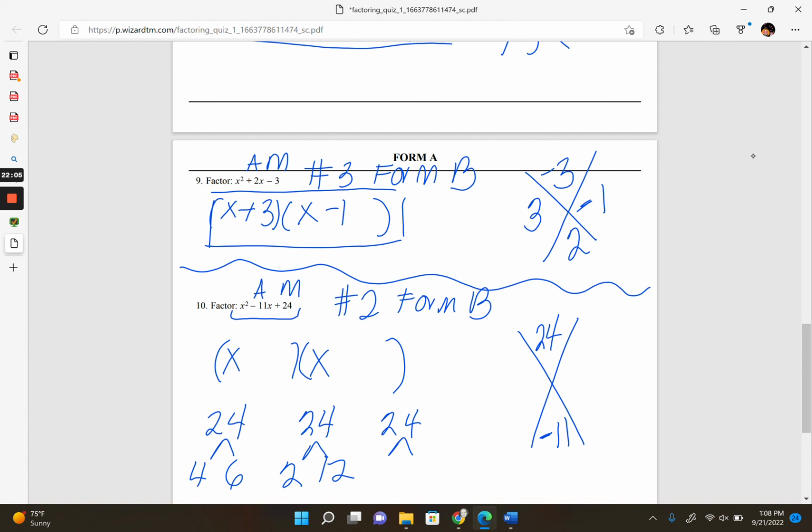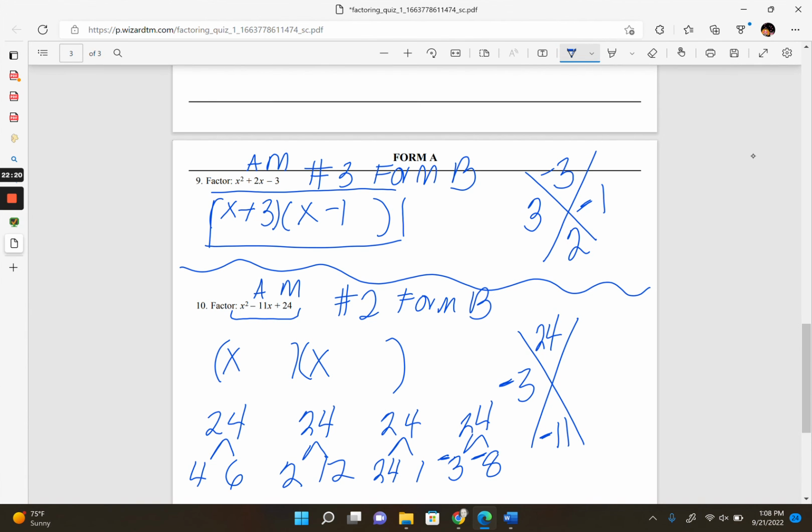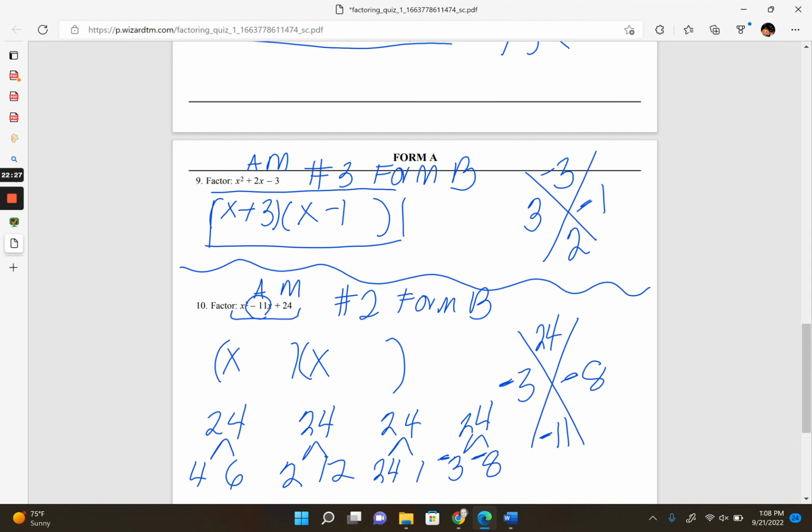Let's see what else. 24 and 1, which won't get us there. Again, when the numbers get bigger, it gets a little more challenging, but you got this. 3 and 8. So -3 and -8. Why -3 and -8? Because you have to add to -11, but multiply to a positive 24. So -3 and -8. I hope that helps.